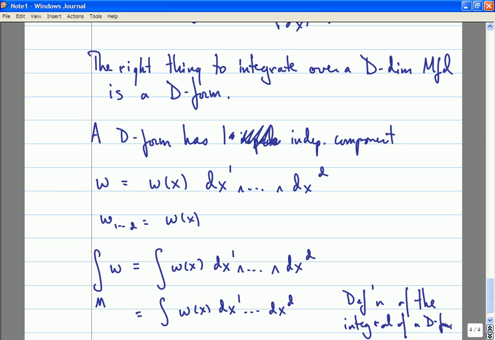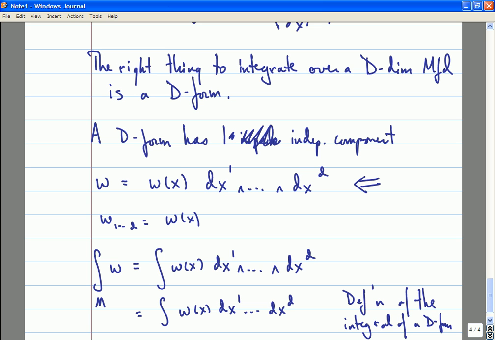And my claim is that this expression is completely coordinate invariant. Why is it going to be completely coordinate invariant? Well, because we saw that the measure factor, when we perform an integral in multivariable calculus, transforms with the determinant of the Jacobian. And I will now show you that if you write out a D-form in component notation, as I have done here, that also transforms with that identical factor of the determinant of the Jacobian.